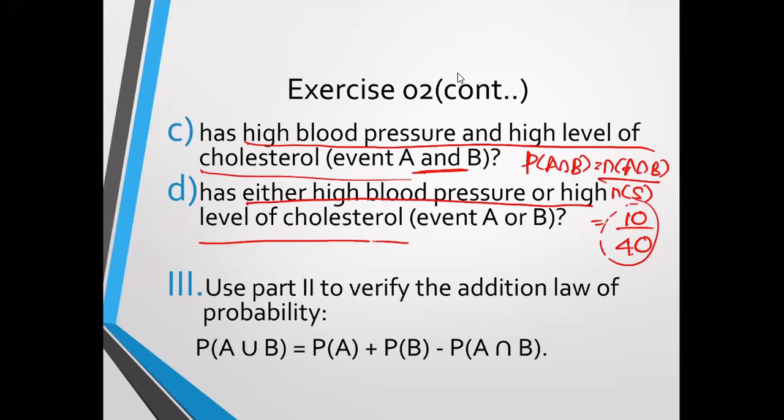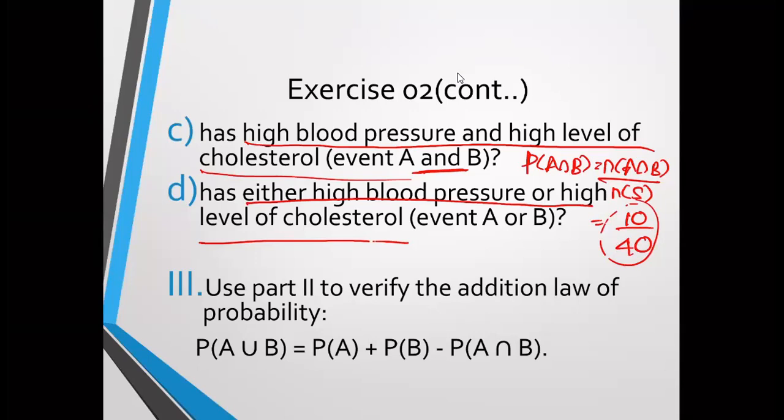That term is not there, but the or both phrase must be there, because if we select one person from that group, he or she might have either high blood pressure or a high level of cholesterol or both. We do not know. So what is that probability? How can we find that probability?